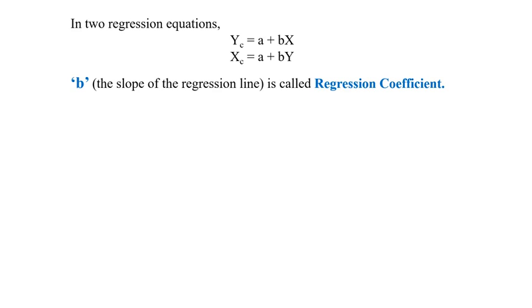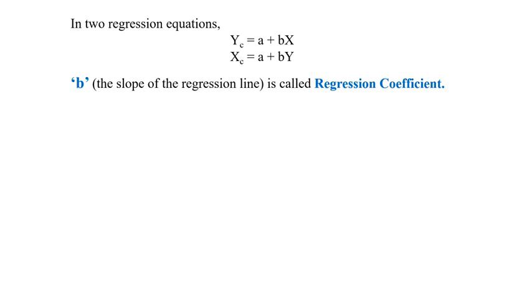So when y is taken as dependent variable and x is taken as independent variable, the equation is y equals a plus bx. When x becomes dependent variable and y becomes independent variable, the equation will be x equals a plus by. In both the equations, b represents the slope of the regression line geometrically or graphically.